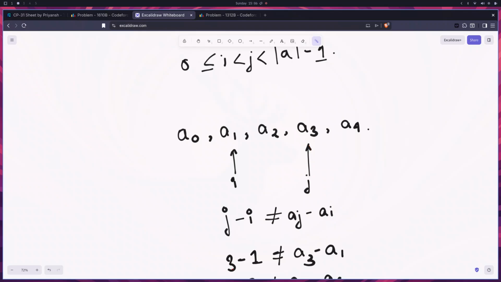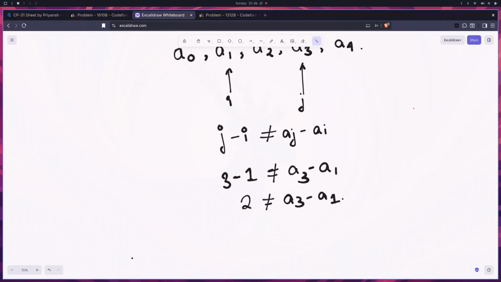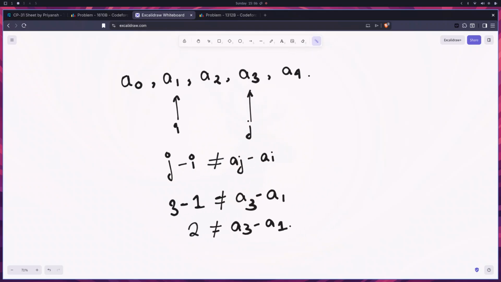So it becomes 3 minus 1, which is 2, should not be equal to the value at position 3 minus the value at position 1, that is a of 3 minus a of 1. That is an inequality we must satisfy. Similarly, there are many other inequalities we need to satisfy to make this array good according to the question.